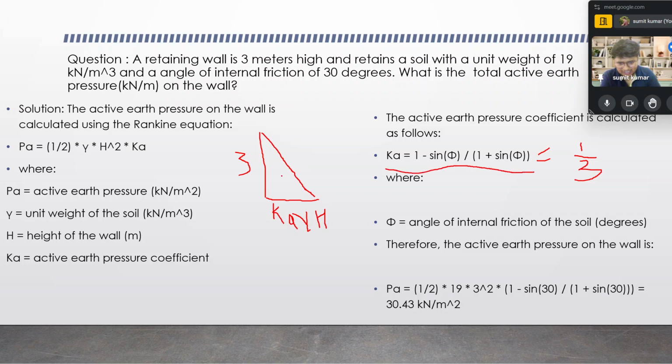So what we needed is the area of this section. When we calculate the area of this section, I will write over here, area as 1 by 2 into 3 into K gamma H, right?